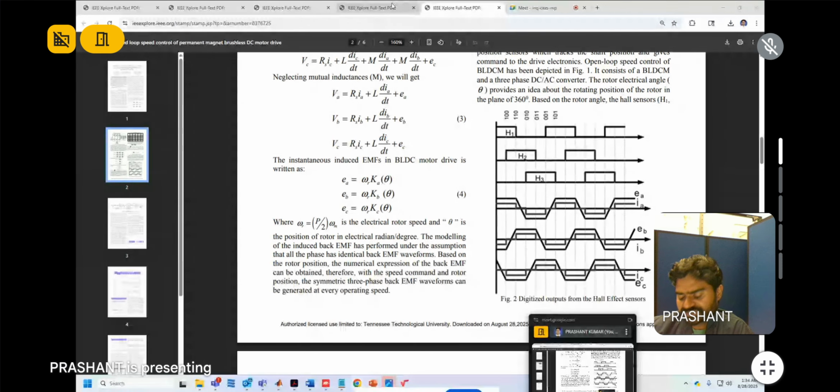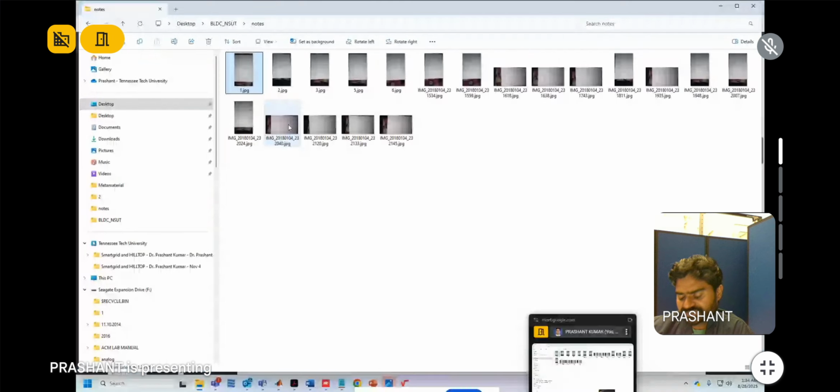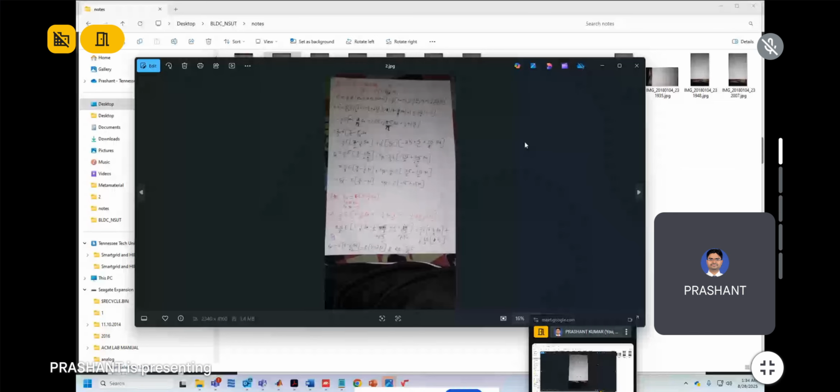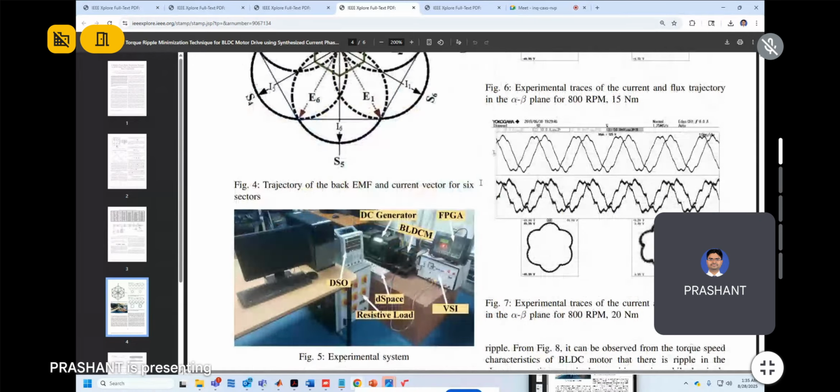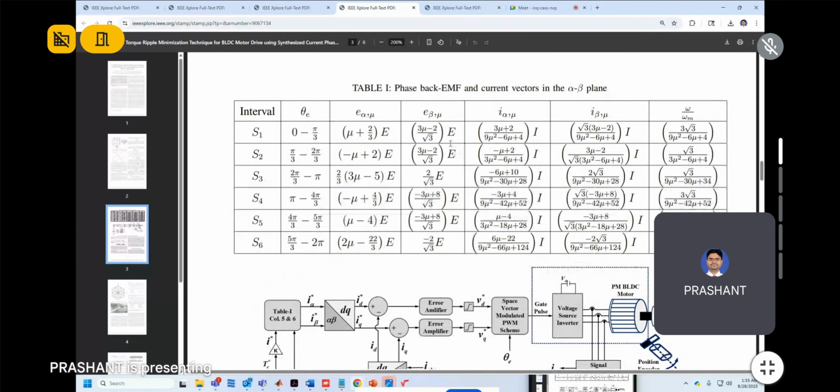After obtaining all the 6 sector values, we got E alpha, E beta, I alpha, I beta for all the 6 sectors.